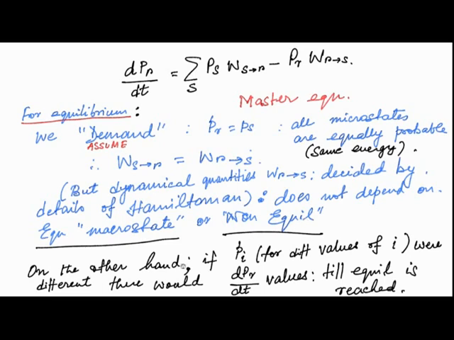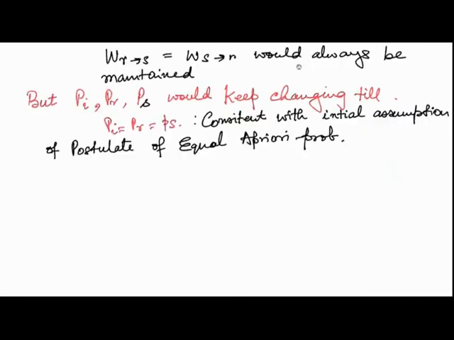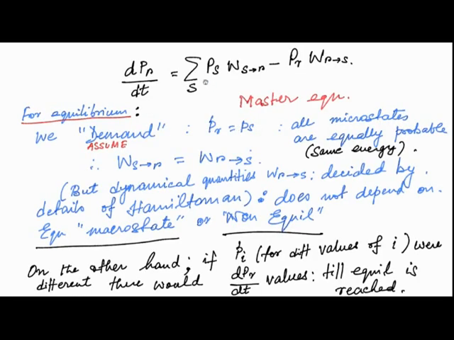However, if a system is in non-equilibrium, then the probability of being in different microstates or quantum states will be different, right? Suppose PR and PS were not equal, that is, the system was not in equilibrium. Then since WSR equals WRS, there will be corresponding changes in dPR/dt till they become all equal.